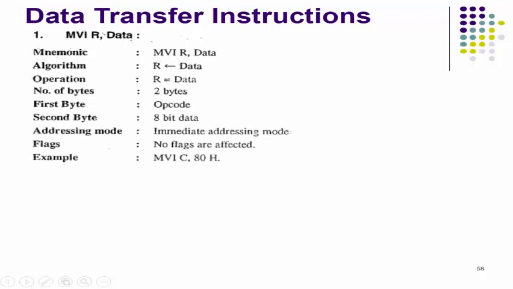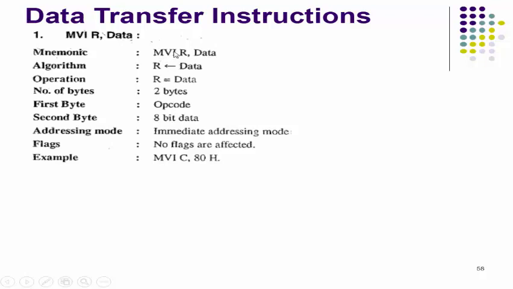The number of bytes required to execute this instruction is 2 bytes: 1 byte for the opcode and another 1 byte for the 8-bit immediate data. This 8-bit immediate data is part of the instruction.